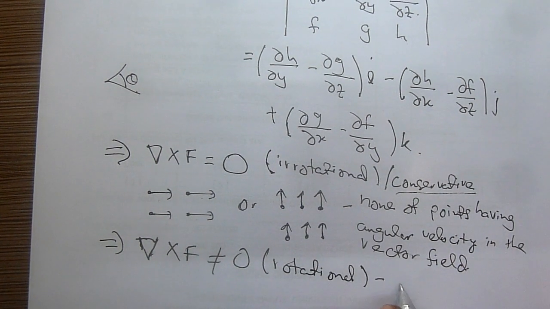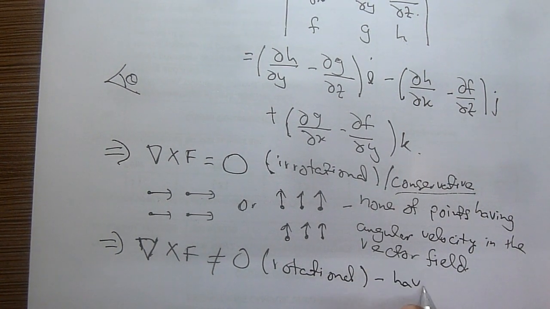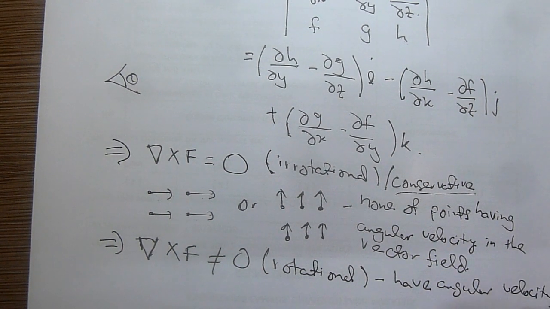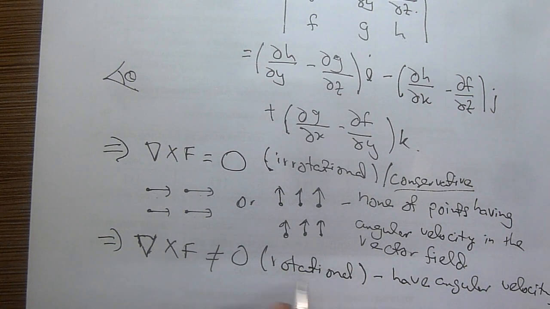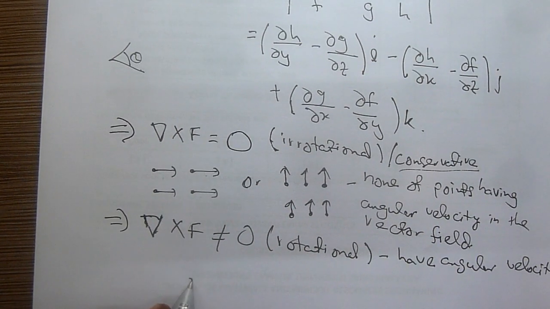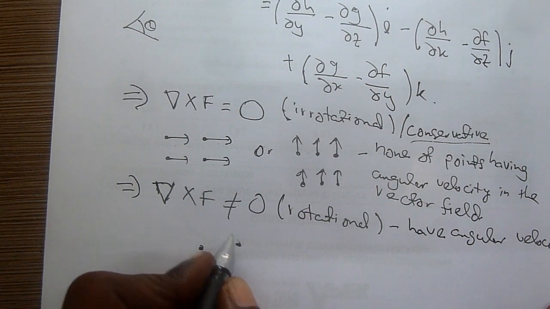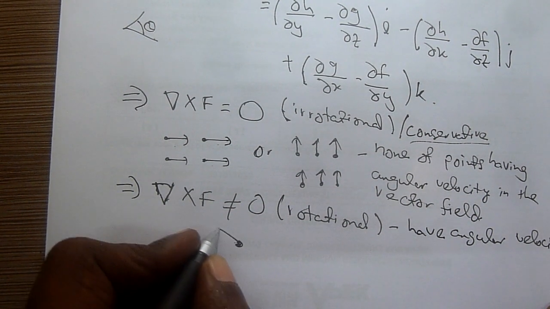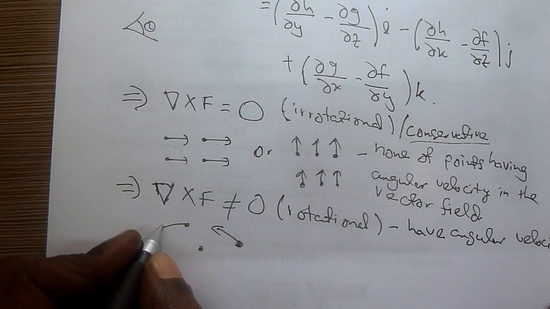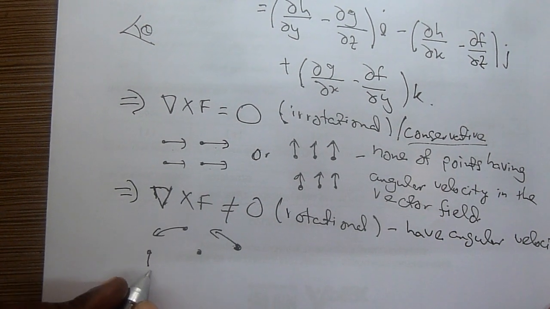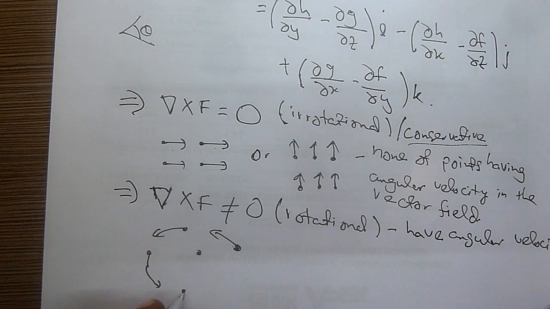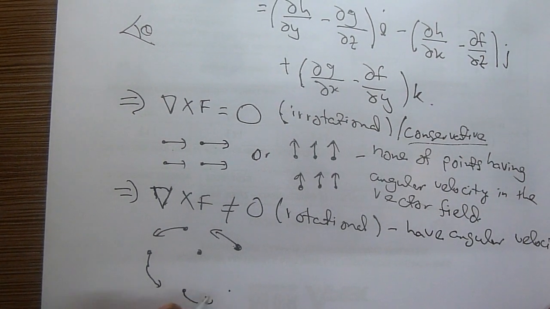This means we can see the points have angular velocity. You can see all the points here. Maybe I sketch some sketching here. For this vector we will do a lot of sketching. You will see a lot of sketching later. You can see this is something rotational.